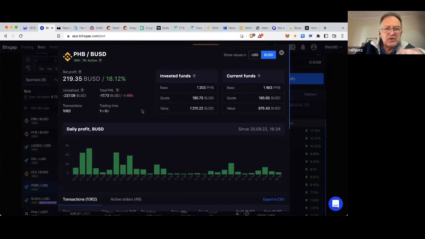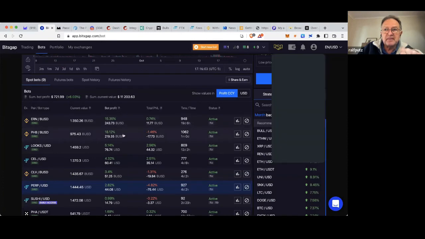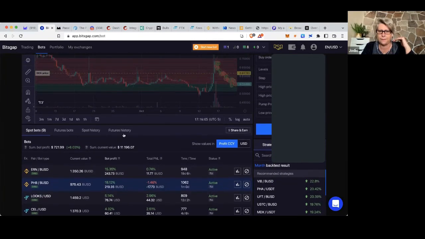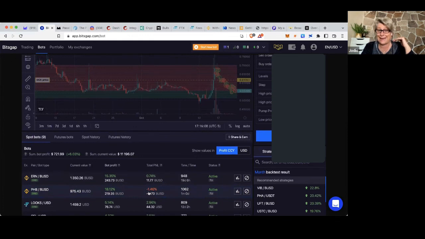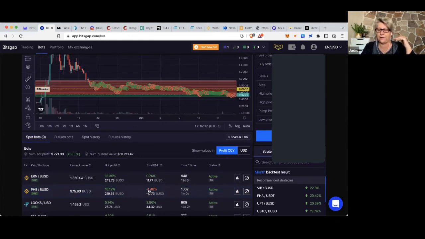So that's the 1.46% below the DCA, and that's what we're seeing. Yep. So this is up here. It's got your total P&L today, as at this point in time, would be a net loss of $17.73 or 1.46%, because we are less than the average of what the bot has been buying and selling at.